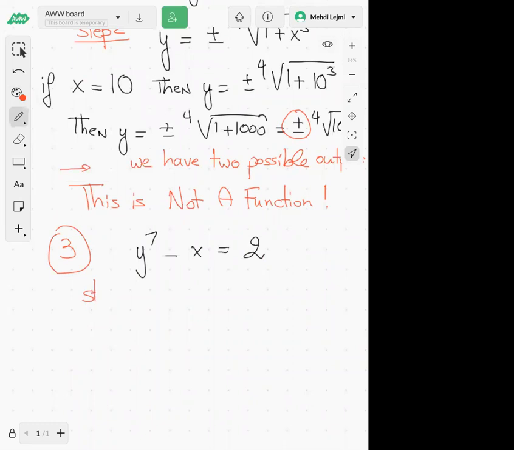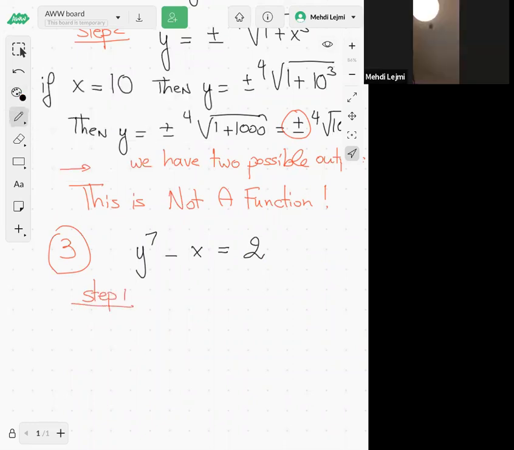So step 1. Yes, one value, absolutely, Lorden. So y to the power 7 minus x equal to 2. Solve as usual for y. So here's plus x, do the same on the right side. So minus x plus x cancel out.